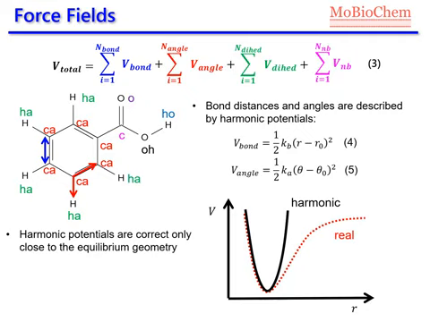So in other words, if we run a simulation using harmonic potentials at very high temperatures, our simulation will not be correct because at high temperatures the amplitude of the vibrations will be very large, and we will deviate a lot from the equilibrium distance, and the harmonic potential will not be able to reproduce such a situation.